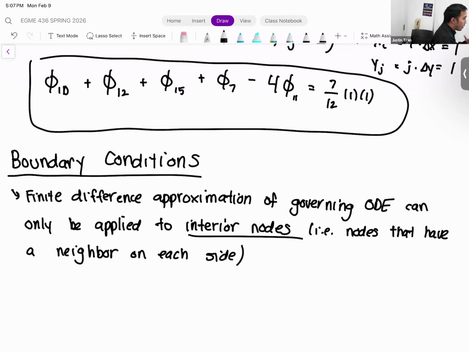Because remember, you can't go beyond the confines of your domain. It's just like in the 1D case. So nodes that don't have a neighbor on every side are going to be nodes that are on your boundary.